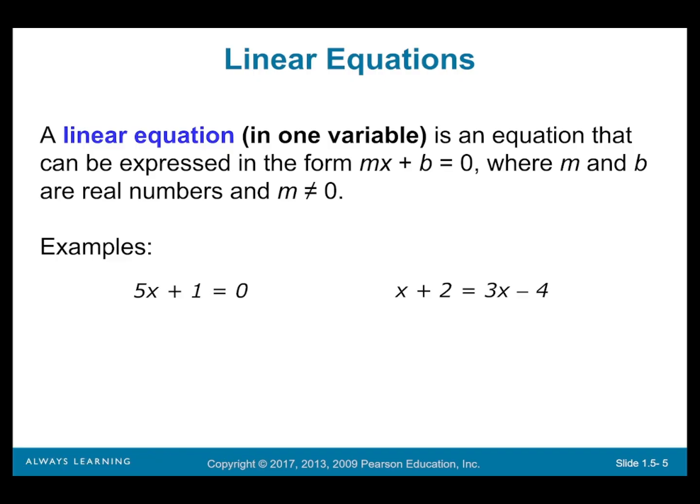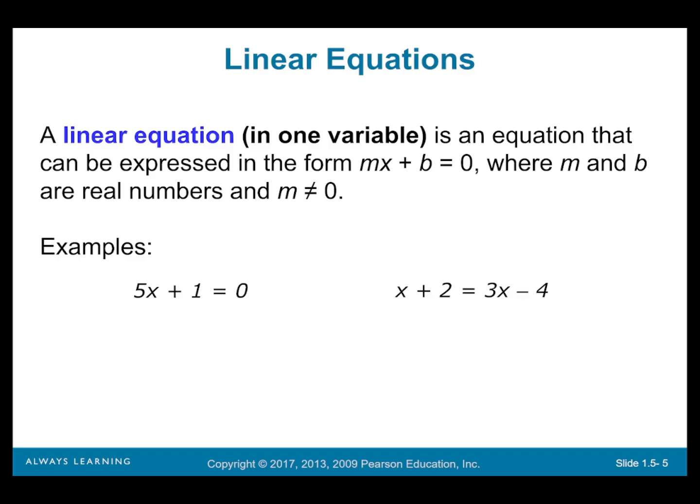Now, specifically, linear equations in one variable are equations that can be expressed in the form mx plus b equals 0, where m and b are real numbers and m is not 0, so there must be an x in there. As usual, we recognize linear equations by looking for things where there's no exponent on the x. For example, 5x plus 1 equals 0 is a linear equation. On the right-hand side, we also have a linear equation: x plus 2 equals 3x minus 4.